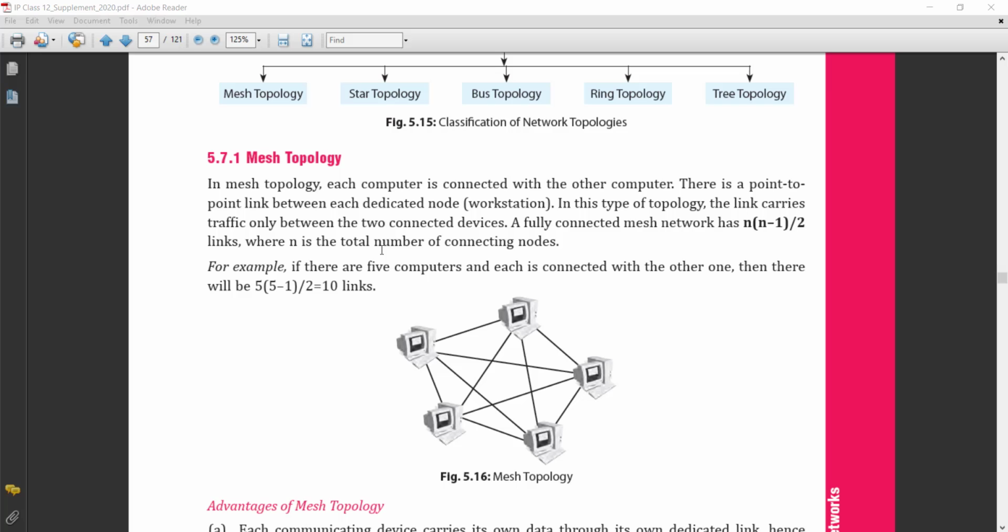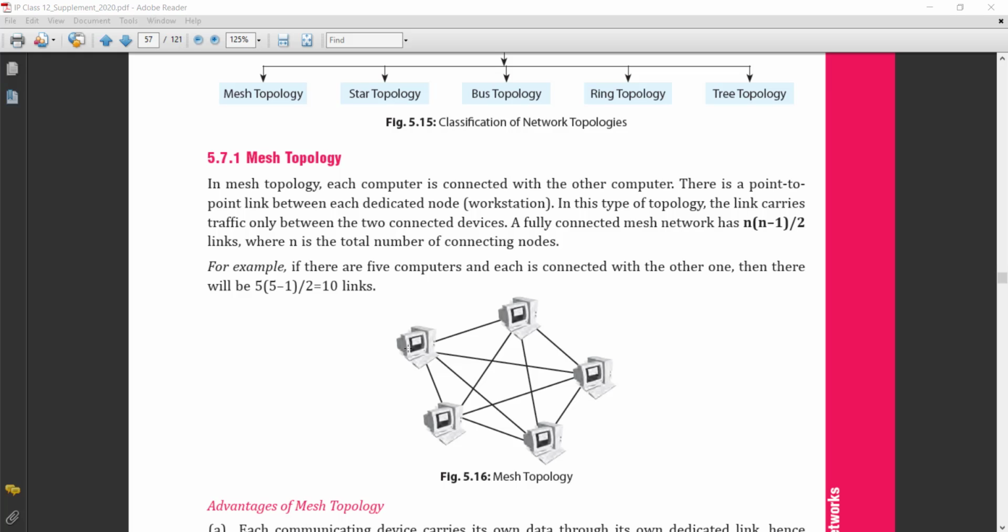There is a point-to-point link between each dedicated node. Dedicated node means a workstation, and a server is also a dedicated node. In this type of topology, the links carry traffic only between the two connected devices.